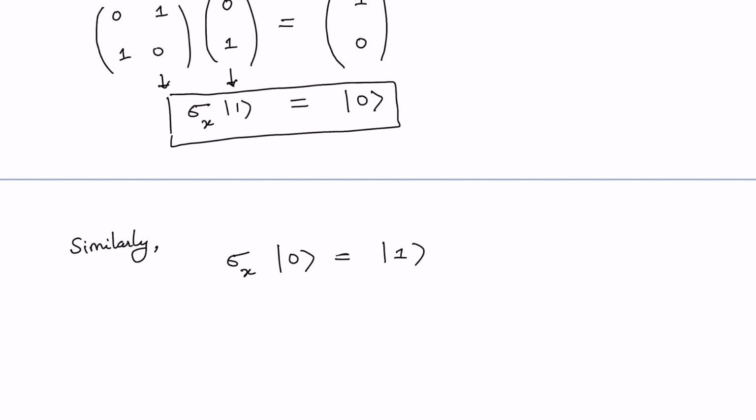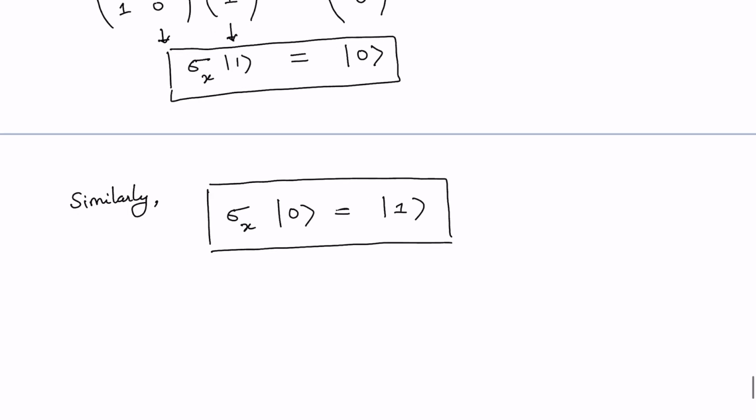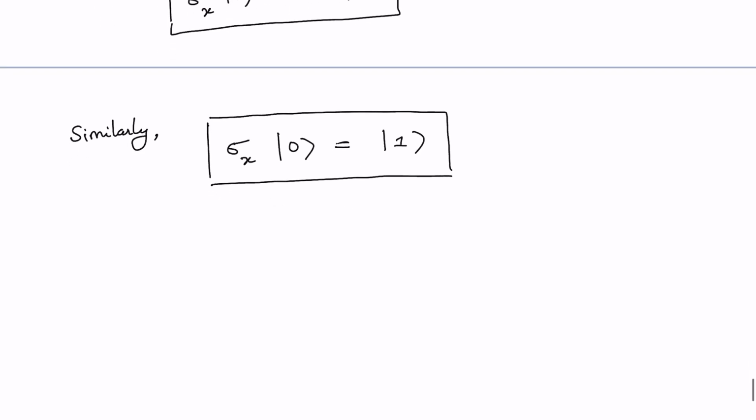So this Pauli operator sigma x acts like a quantum NOT gate. It does exactly the same thing as the classical NOT gate. In general, rather than using sigma x, the symbol X is used for the quantum NOT operation.